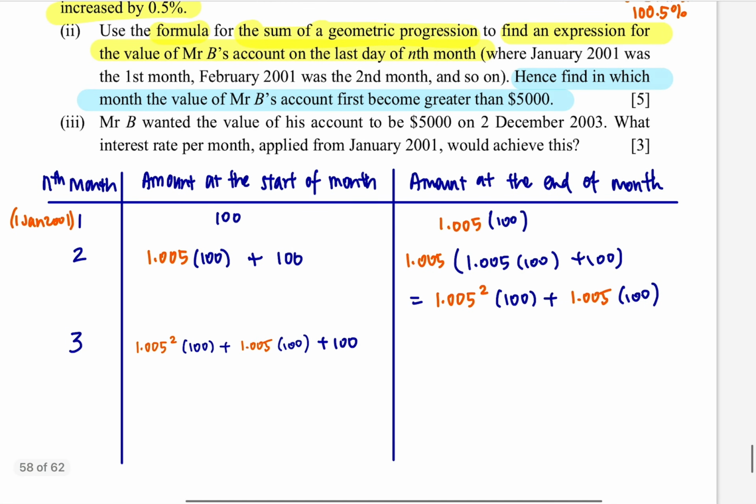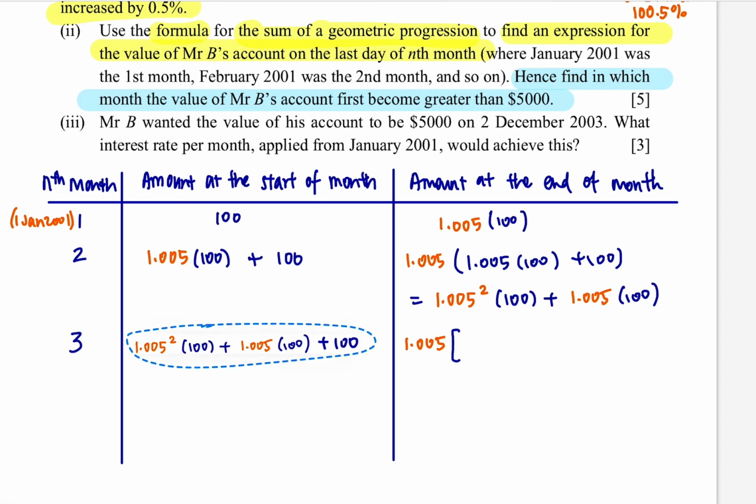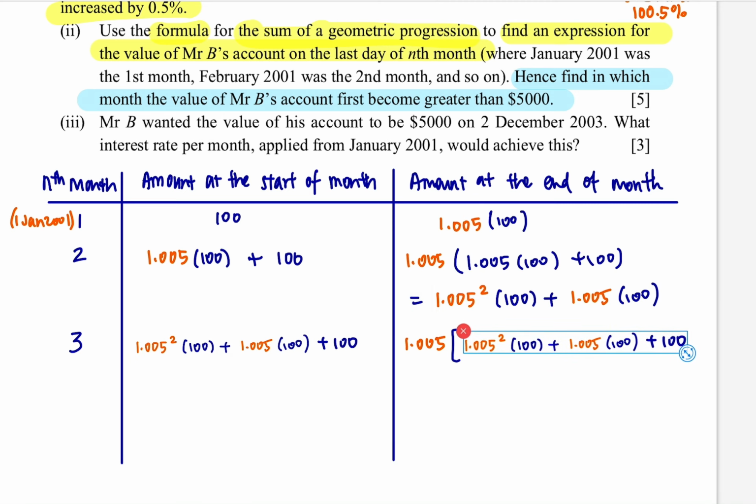And with that, at the end of the third month, remember it's 1.005 times the entire thing I have at the start. Okay, and then here it goes. And then I'll try to write out the pattern. Can you see any pattern already?